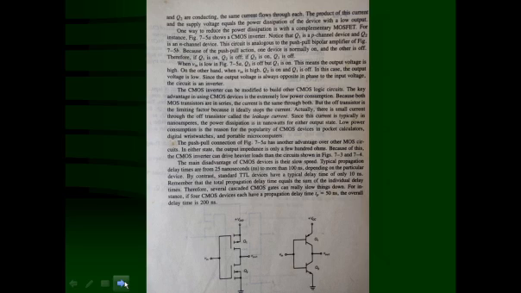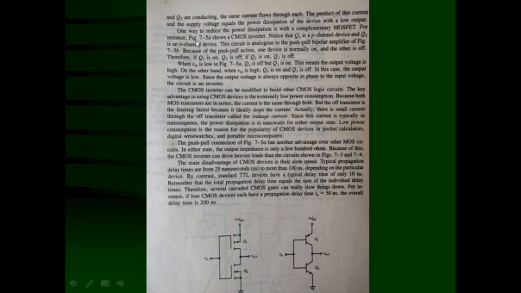To reduce this power dissipation, another technology is used, called CMOS technology. Q2 is conducting, the same current flows through each, and the product of the current and the supply voltage equals the power dissipation of the device with a low output. One way to reduce the power dissipation is with complementary MOSFETs.